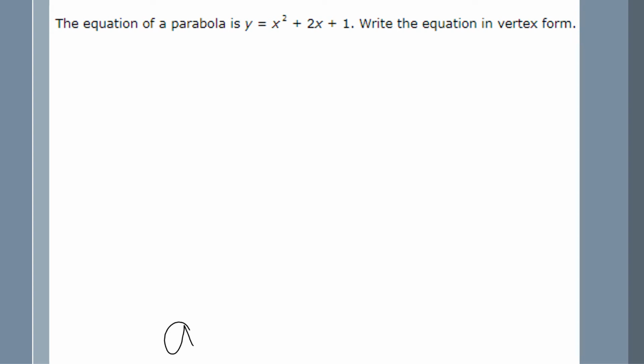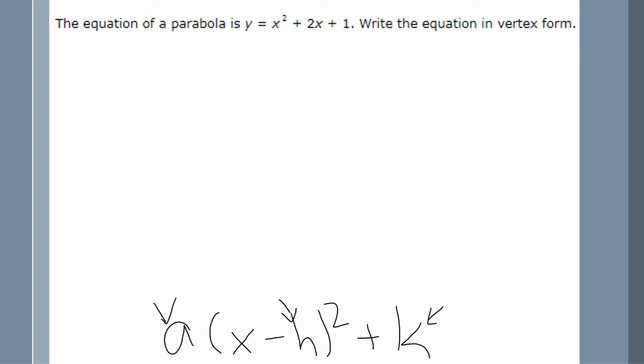Remember how we did something like this? We used this form to describe the quadratic in terms of the transformation. So remember, k goes up and down, h left and right, a stretch and compress.